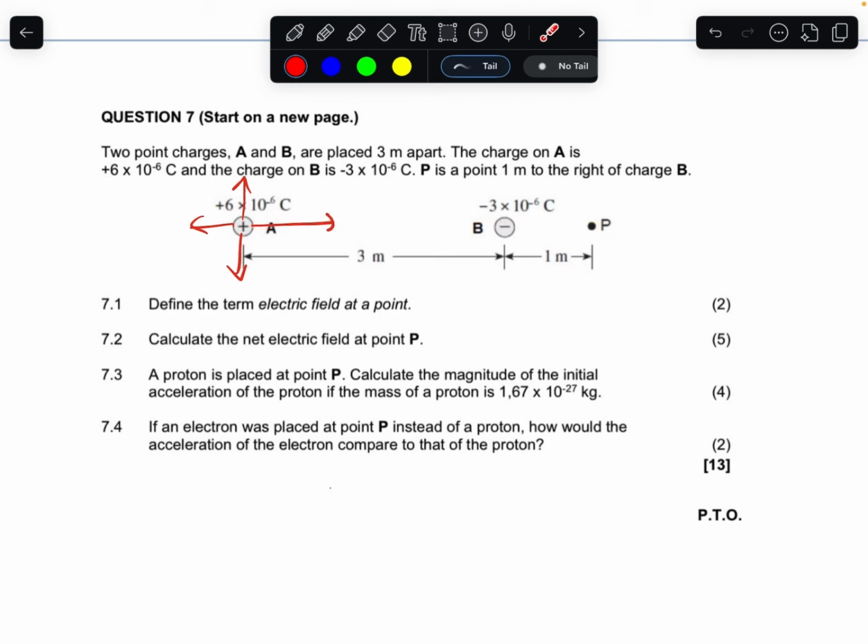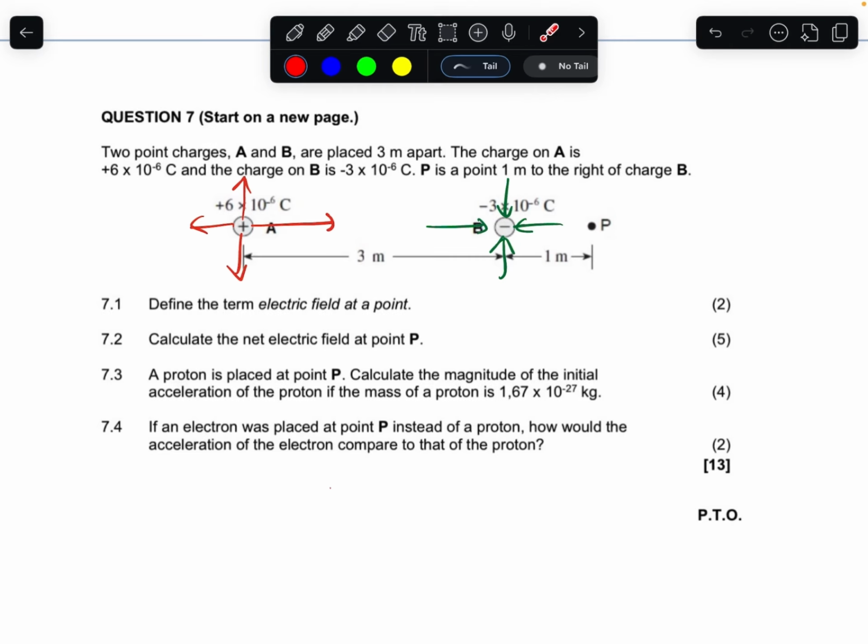And the electric field lines of this one that is negatively charged are going to pull it to the left, right?